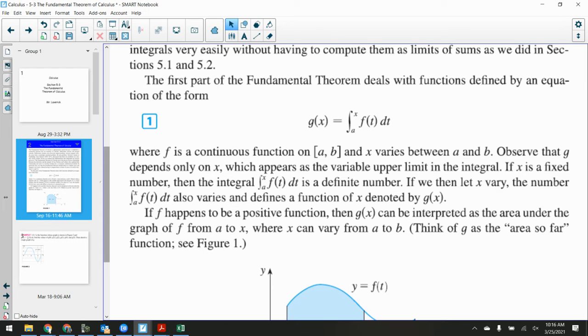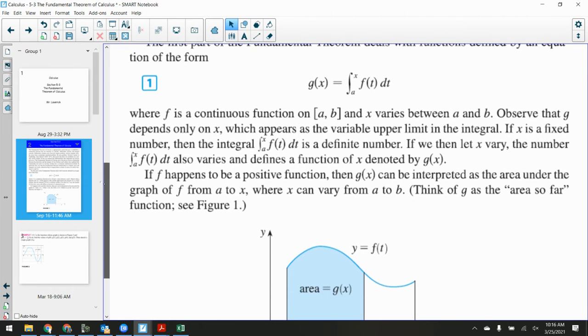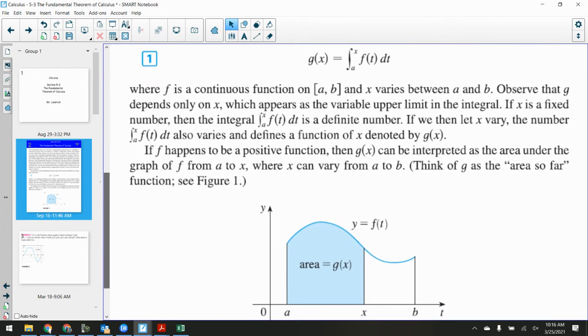We've got g of x equal to the integral from a to x of f of t dt. This is an integral, and I have a graph of it below that might be easier to visualize. Say you've got some function not dependent on x. Notice that. It's f of t, some function going up, down, varying.